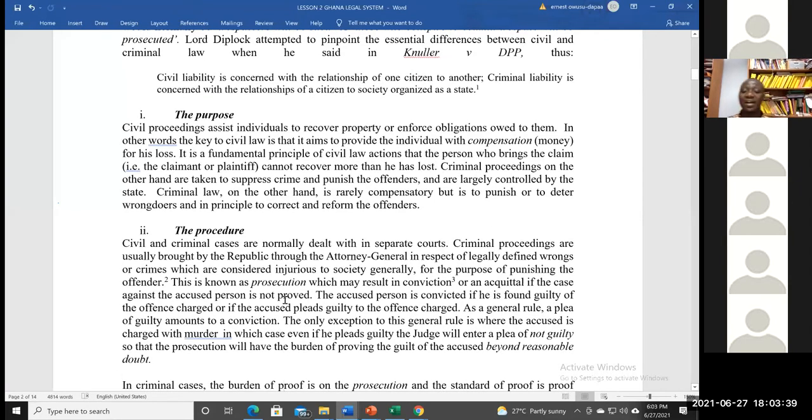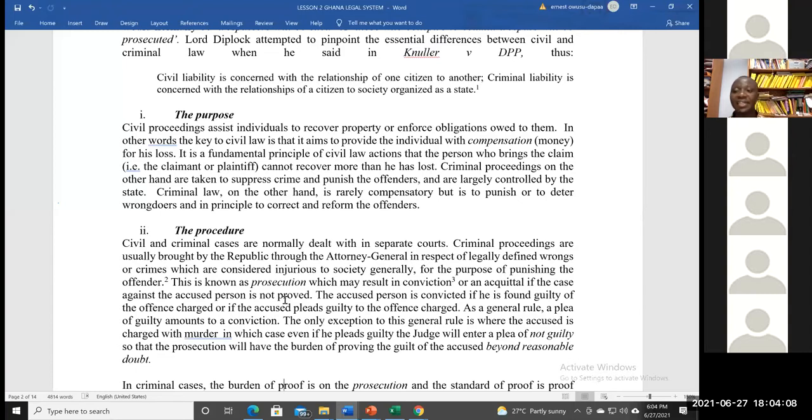Usually, when the Attorney General initiates criminal cases, we say that they've embarked upon prosecution. This may result in conviction or acquittal. If you are convicted, it means that you have been pronounced guilty beyond reasonable doubt, and what follows is that you are sentenced to the appropriate punishment prescribed under the law.